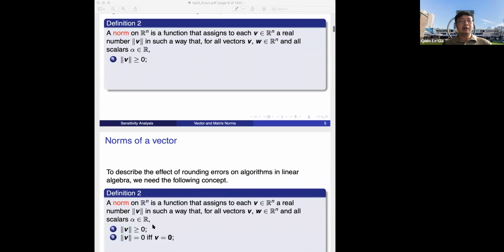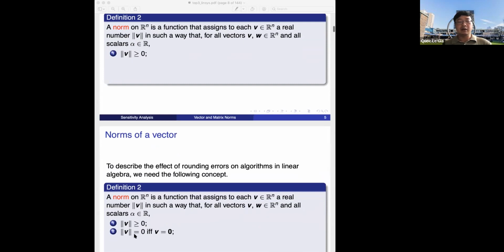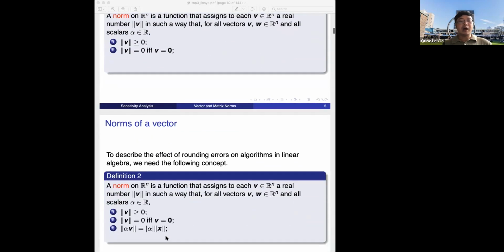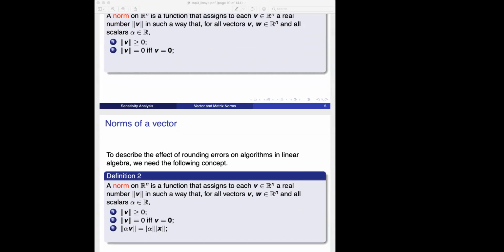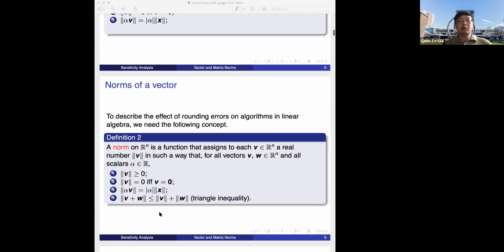Secondly, if you have a zero vector, then the norm equals 0, and if the norm equals 0, it has to be a zero vector. The third one is, if you take a scalar and multiply it with the vector, then take the norm, it's the same as taking the absolute value of the scalar and multiplying with the norm. And the last one will be the triangle inequality.